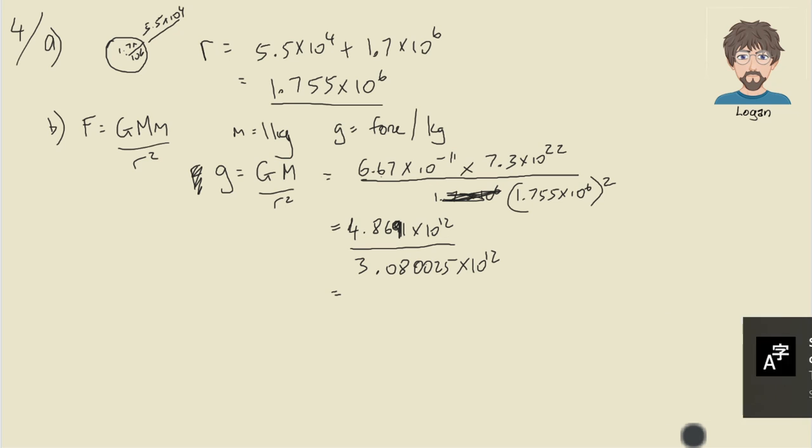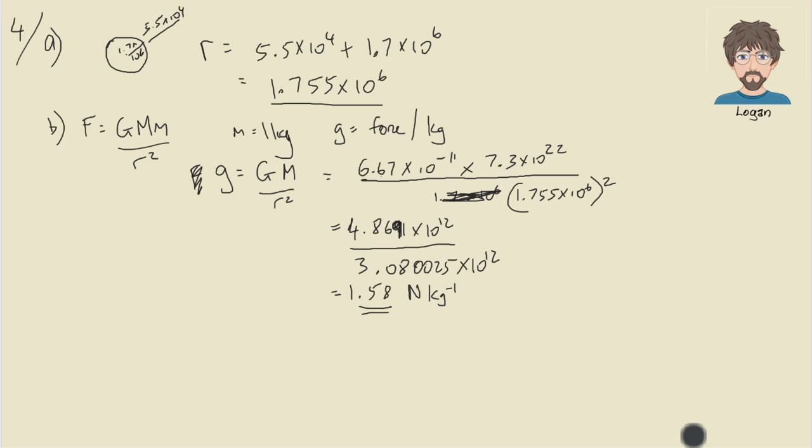So 4.8691 times 10 to the 12, divided by 3.080025, equals 1.58. 1.58, and it's newtons per kilogram, because it's a force per kilogram.